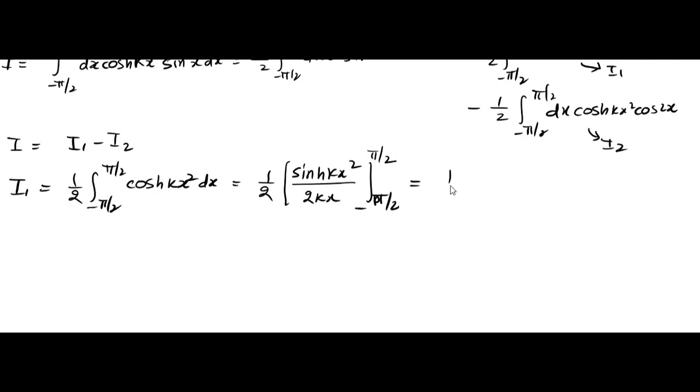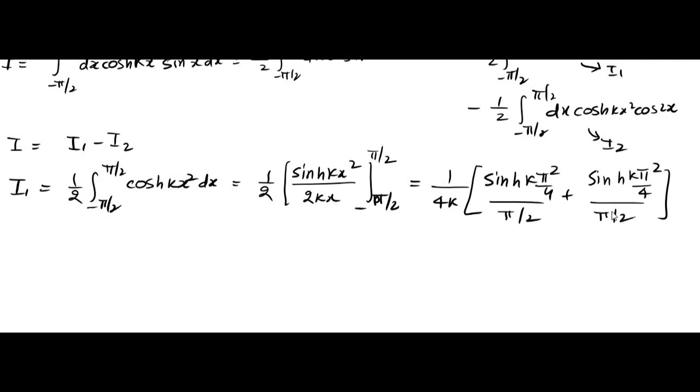So this will be equal to 1 over 4k, and if we put the limit we will get sinh(k pi square by 4) over pi by 2, minus, which will be plus, sinh(k pi square by 4) divided by pi by 2. So this will be equal to 1 over k pi sinh(k pi square by 4).